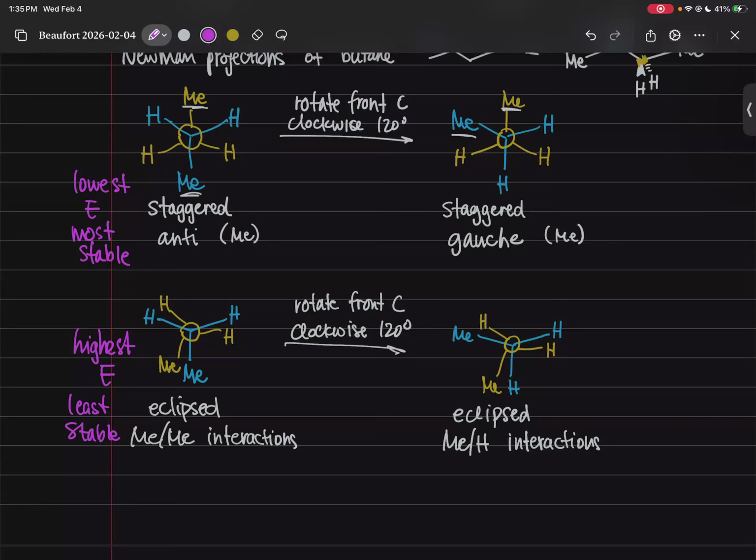Because the two methyl groups are as far apart as they can possibly be, and the entire thing is staggered. So not only are the methyl groups happy being far apart, but all the hydrogens are fairly far apart, more so than they are in the eclipsed structures.